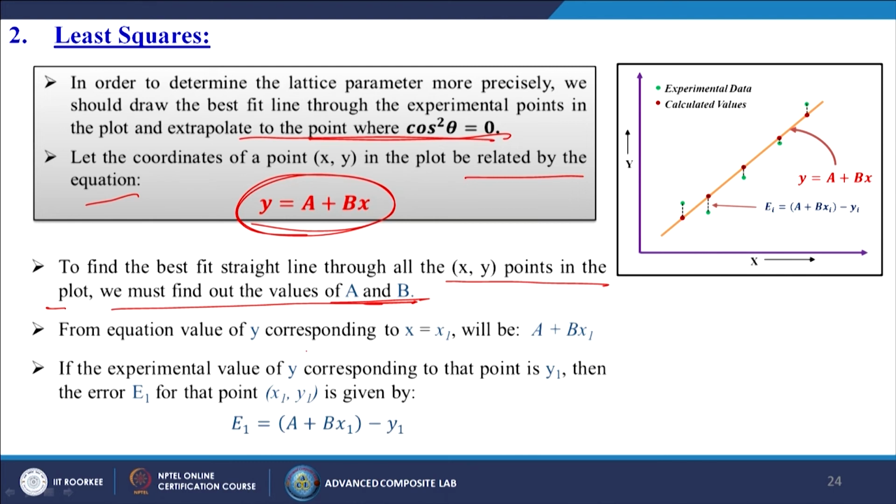From the equation, the value of y corresponding to x is equal to x1 will be a plus bx1. So, if the experimental value of y corresponding to that point is y1, then the error E1 for the point x1 y1 is given by E1 is equal to a plus bx1 minus y1.